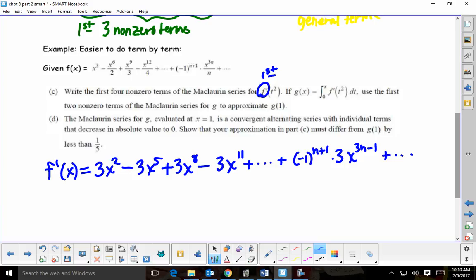My second thing now is I get to plug in the t squared. So now we're going to find f prime of t squared. Everywhere you see an x, you're going to plug in t squared.